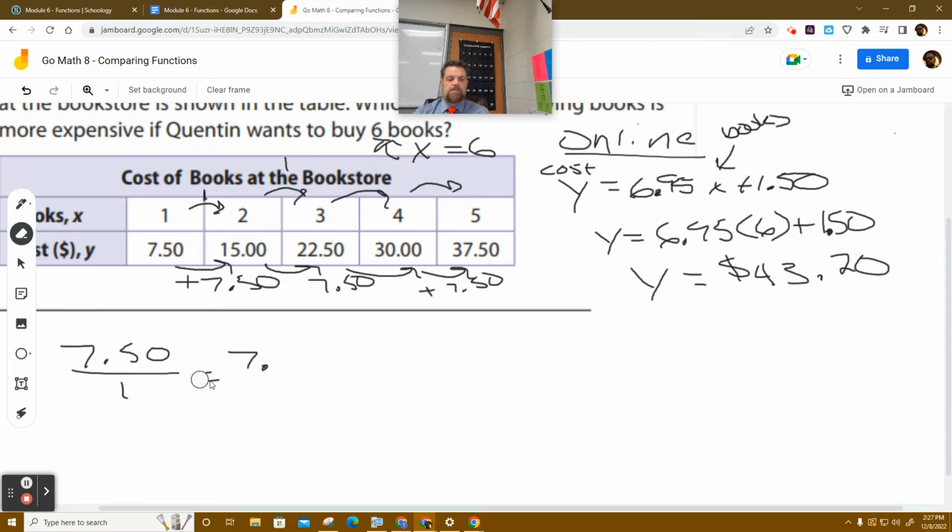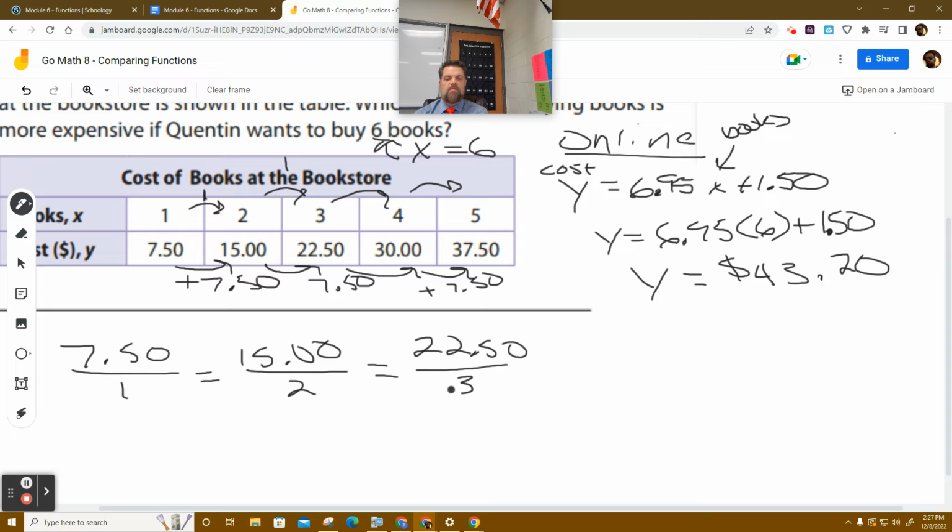Let me back up. What is 15 divided by 2? 15 divided by 2 is actually equal to $7.50. What is 22.50 divided by 3? $7.50.